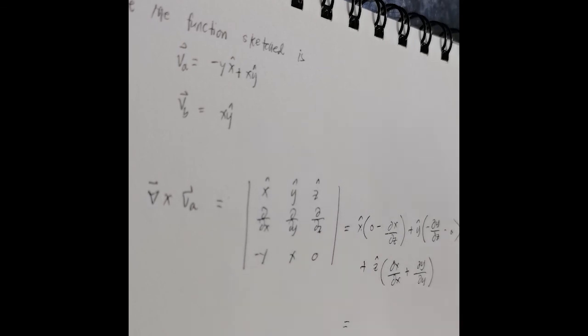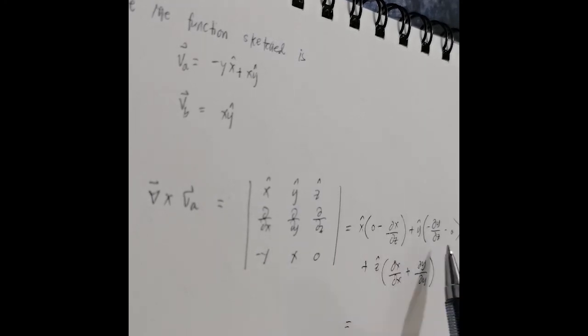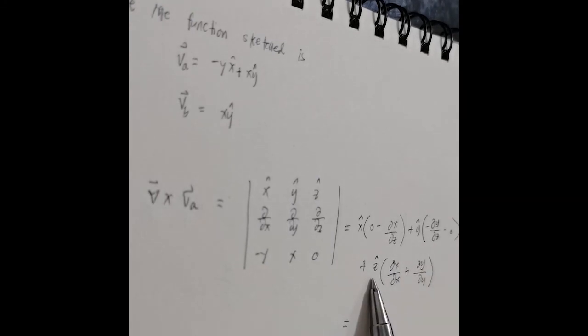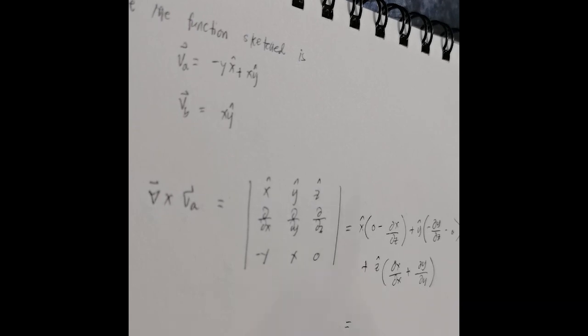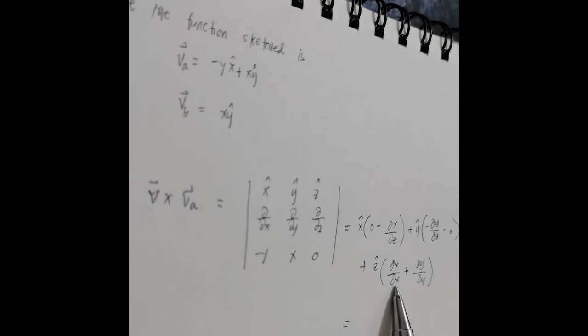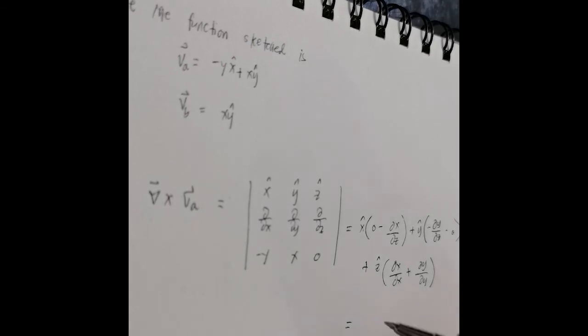So our answer becomes: for the x hat, partial of x with respect to z is just 0, so 0 is here. How about this? This is also 0. And for the z component, partial x gives 1, partial y gives 1 also, so 1 plus 1 we have 2. So this is 2z hat.